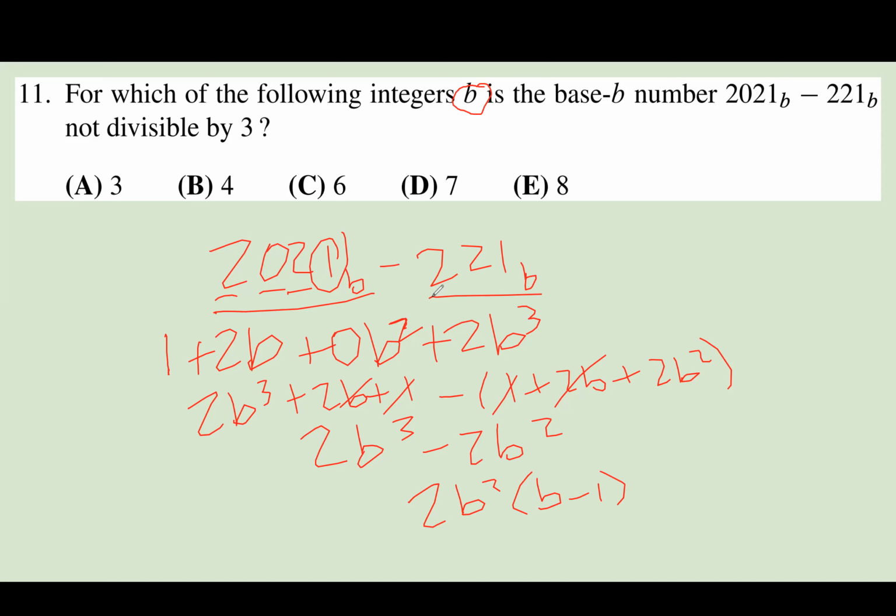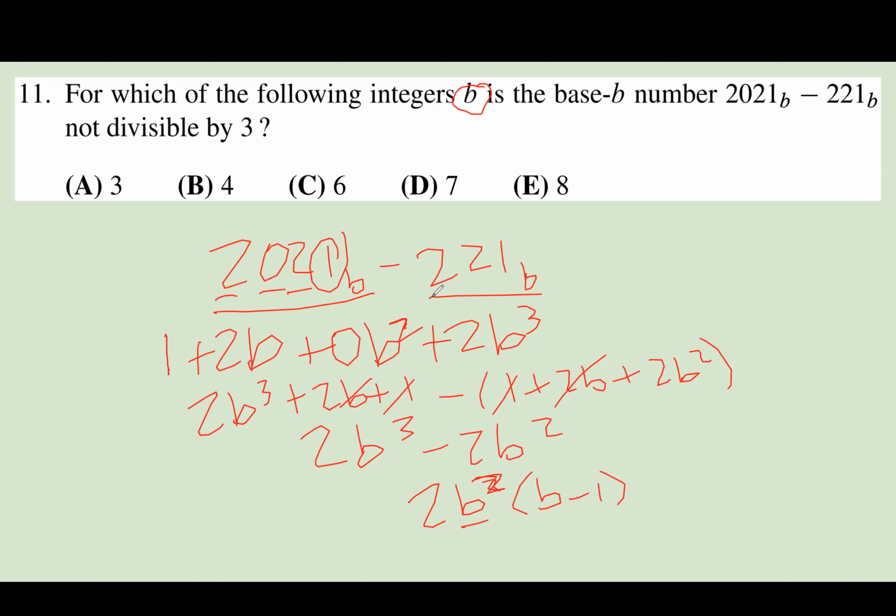And we're told that this number is not divisible by 3. So what does that mean? Well, think about it. For this number to not be divisible by 3, b definitely can't be divisible by 3, so b cannot be a multiple of 3.